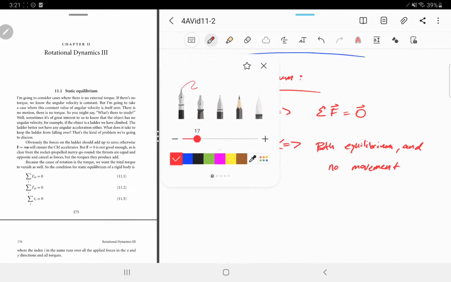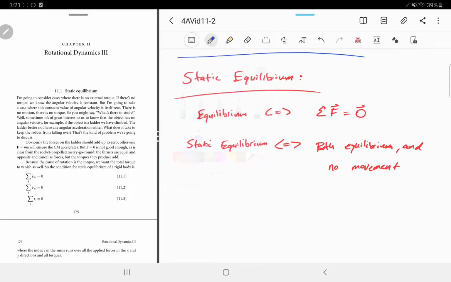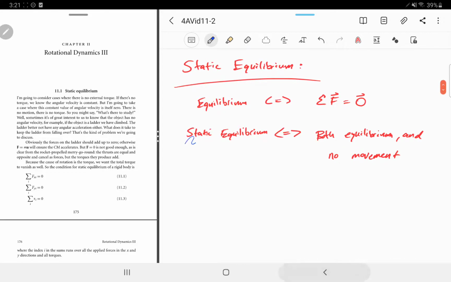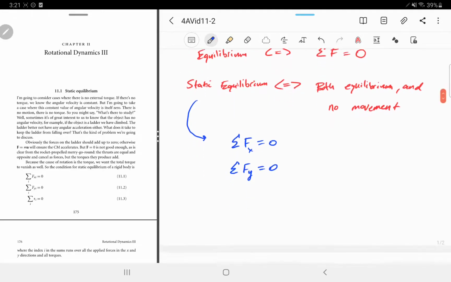In terms of equations, static equilibrium implies a few things that are true. The sum of the forces is zero, and we're going to talk about two-dimensional problems, but you can imagine the generalization to 3 dimensions would just have the z components as well.